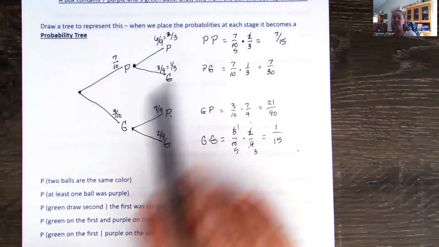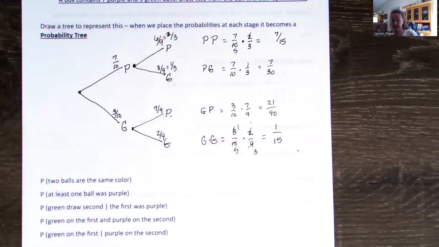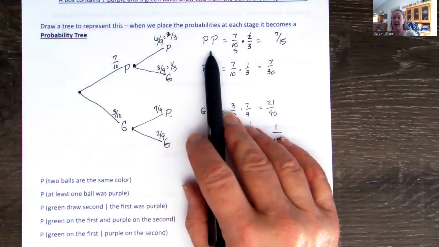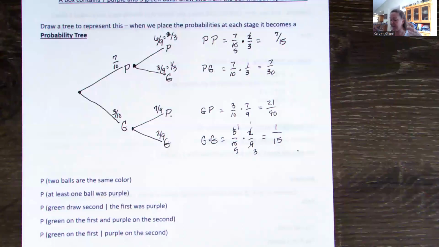If you were to draw out the complete sample space, you would have a lot of P possibilities because we had 7 P's to begin with and then 6 P's. So we have technically 42 different P's out there because we have 90 different possibilities, 10 possibilities for the first, 9 for the second. And this will get connected when we do our last unit where we start talking about how many ways something can happen.